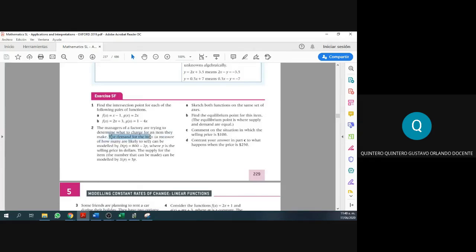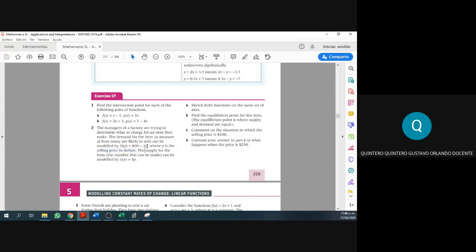So the demand for the item can be modeled using this formula right there. That is the formula. D of P equals, that is how you read this, D of P. In here we read it as f of x, g of x. So here we have D of P is 800 minus 2P. Now what are P and what are D? Simple. P is the selling price in dollars.